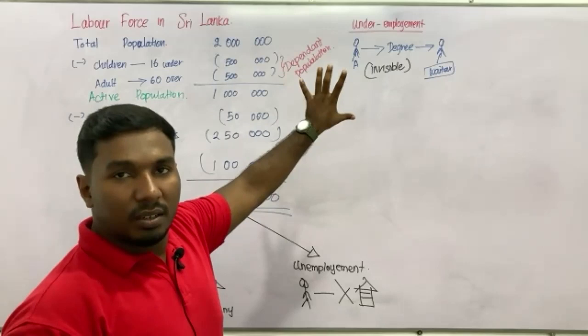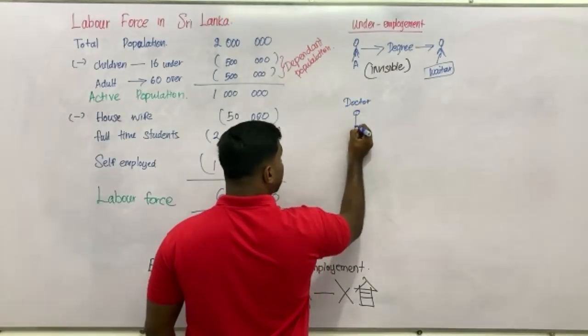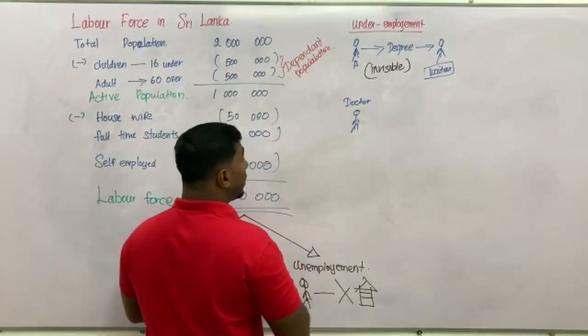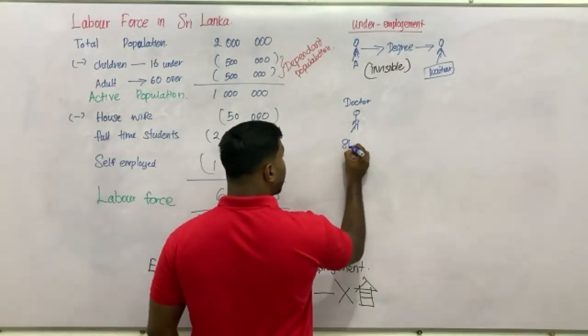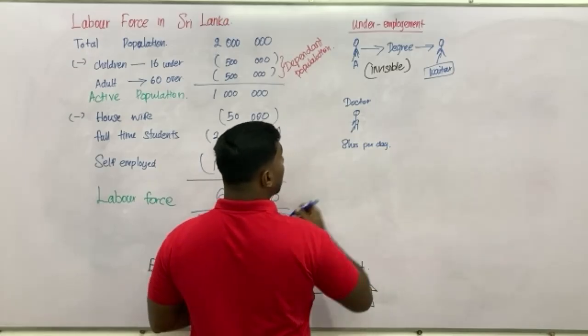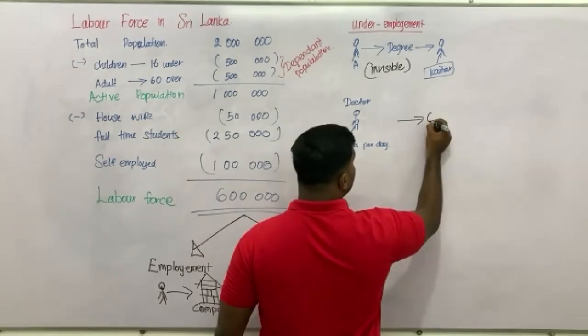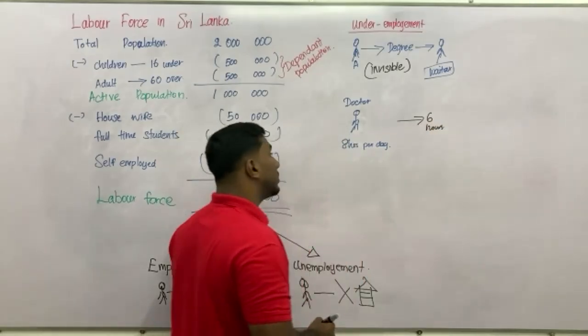Visible underemployment is what? Imagine he is a doctor. This is a doctor, and this doctor is supposed to work 8 hours per day, and he is working only 6 hours.